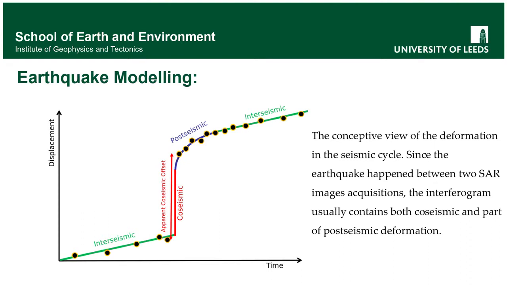It jumps to here, and then it will slowly decay through what we call the post-seismic phase. Finally it will return to the first case, a small change, and after many years or even hundreds of years, another earthquake happens. So basically it is a cycle.